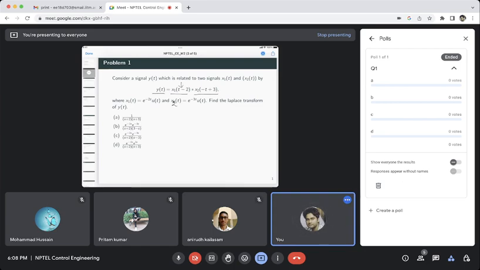If x1 is this term, then any function multiplied by some time shift has a Laplace transform of e to the power of the shift times F(s), where F(s) is the Laplace transform of f(t). Sorry, I made a mistake, let me correct it.